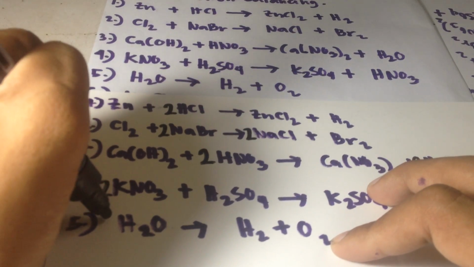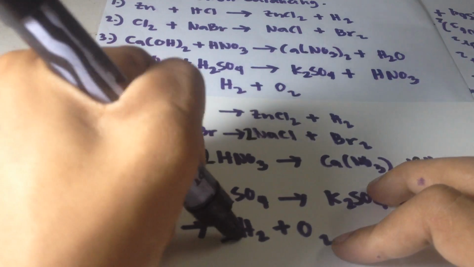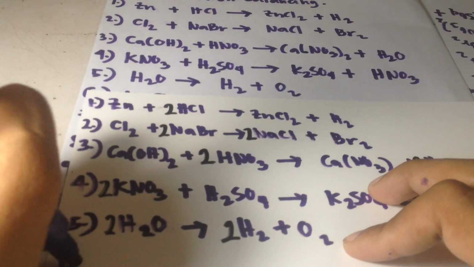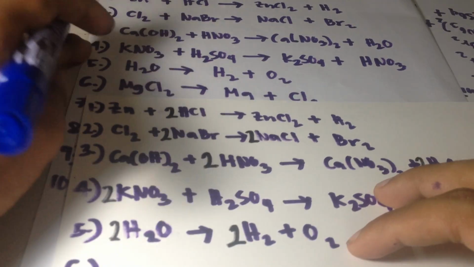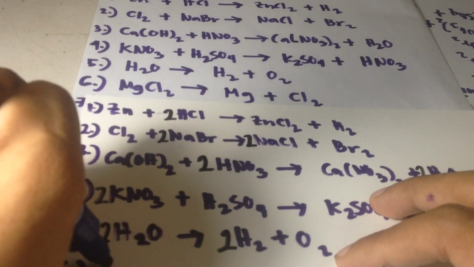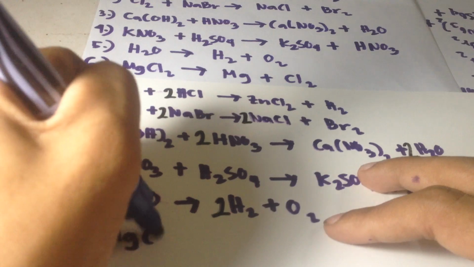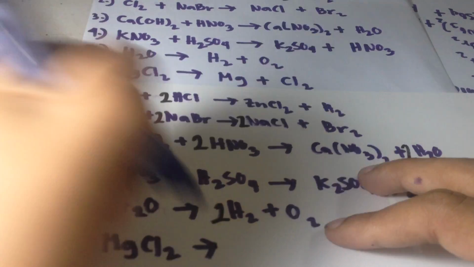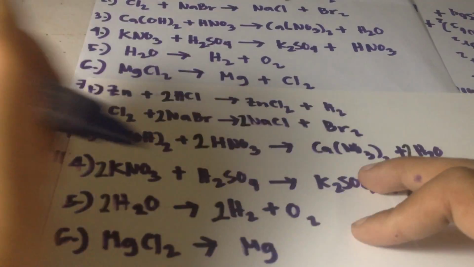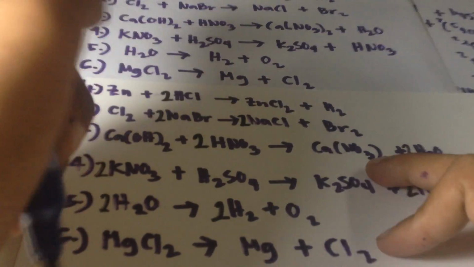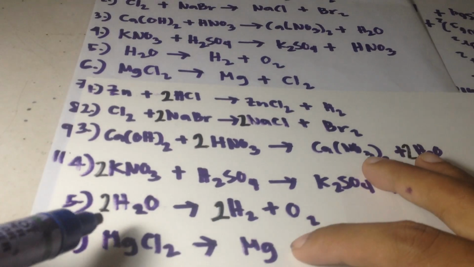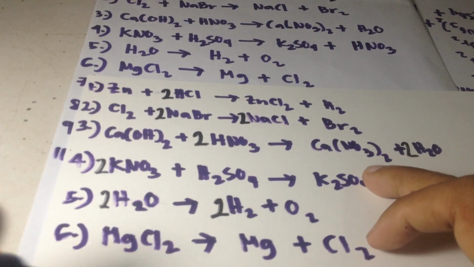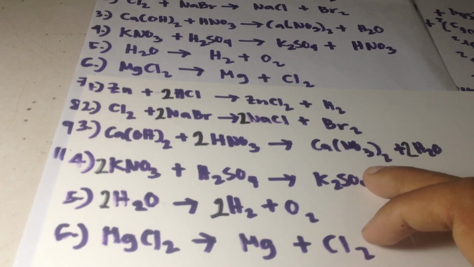So multiply 2 in water and multiply 2 in hydrogen gas. So it's completely balanced. How about number 6? In 6, magnesium chloride reacts to magnesium plus chlorine gas. Magnesium has a 1 subscript and chlorine gas has a 1 subscript. So it's totally balanced.